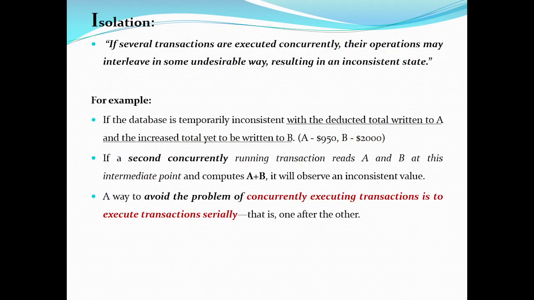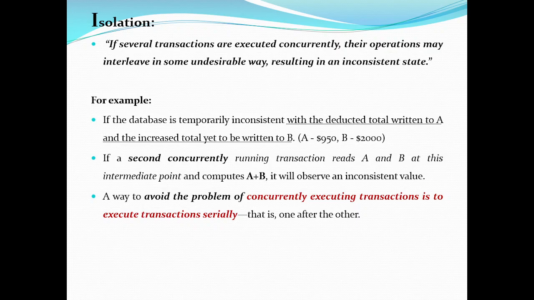Isolation. If several transactions are executed concurrently, their operations may interleave in some undesirable way, resulting in an inconsistent state. For example, the database is temporarily inconsistent with the deducted total written to A and the increased total yet to be written to B, right?